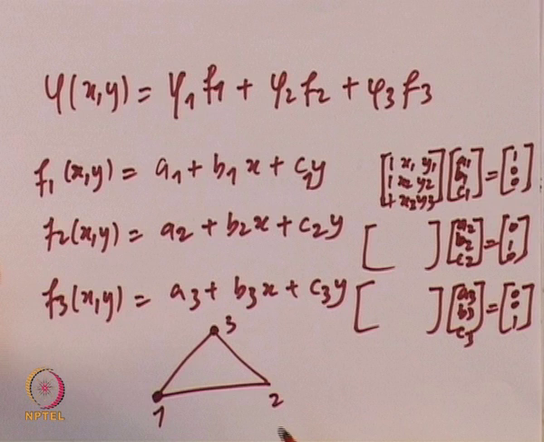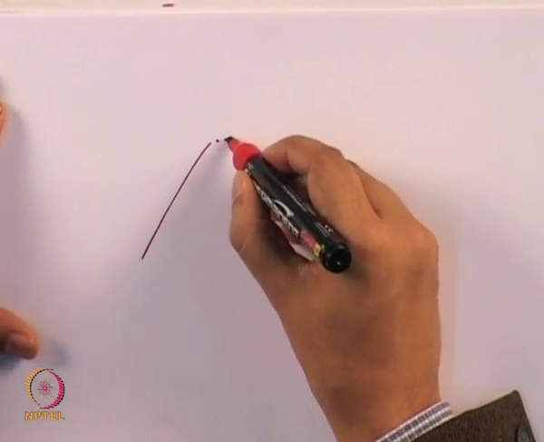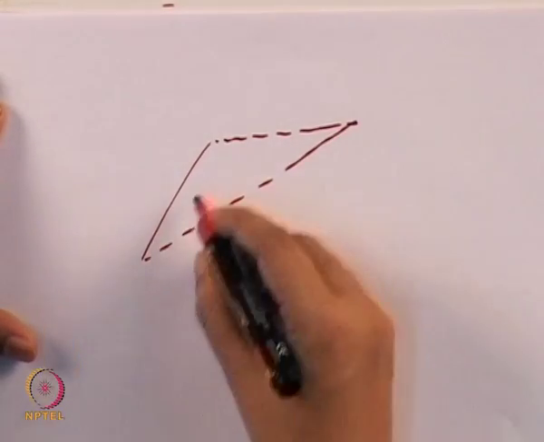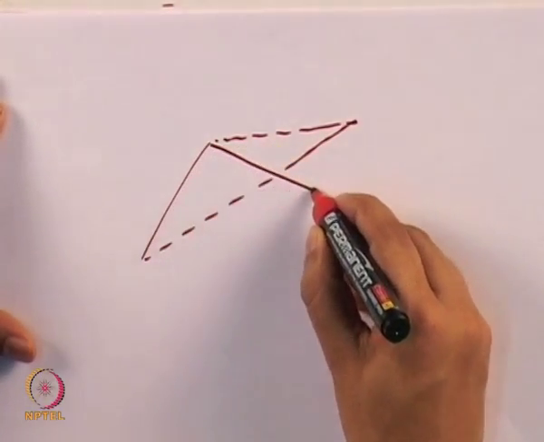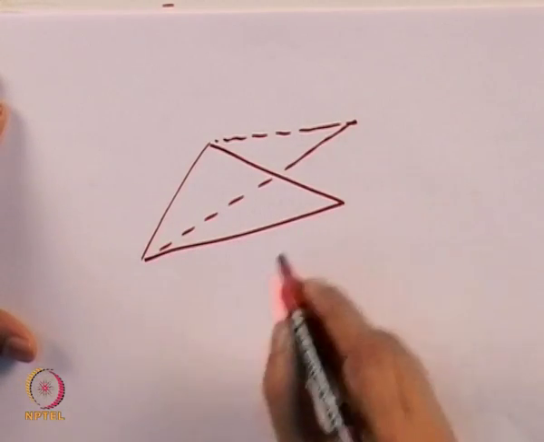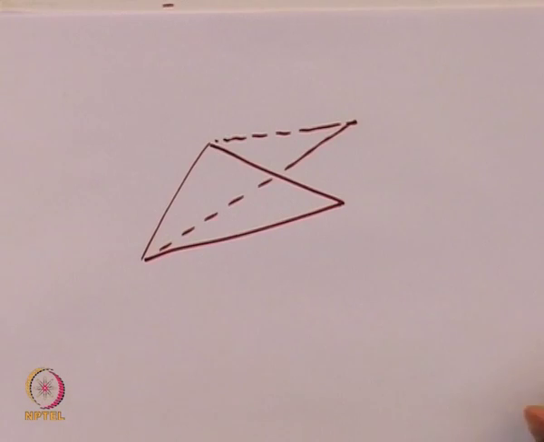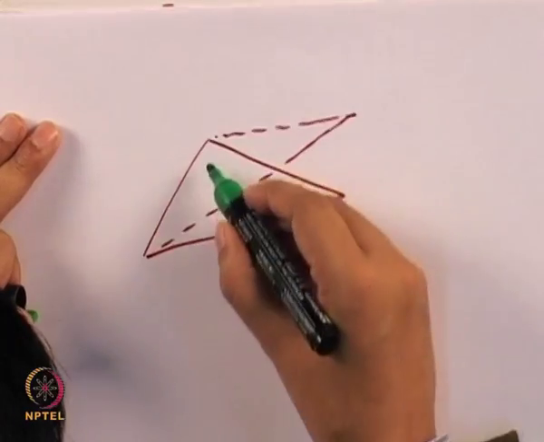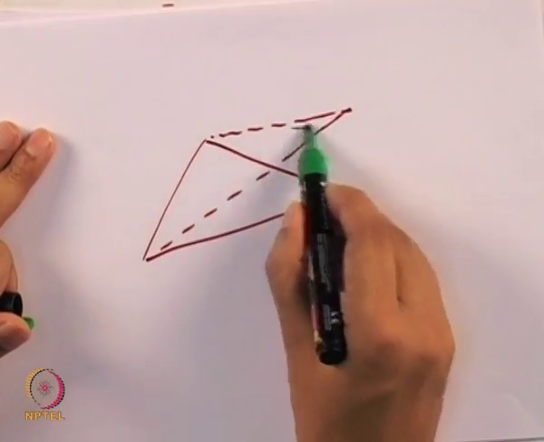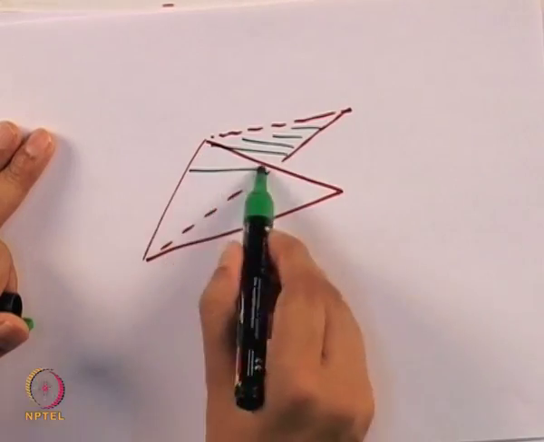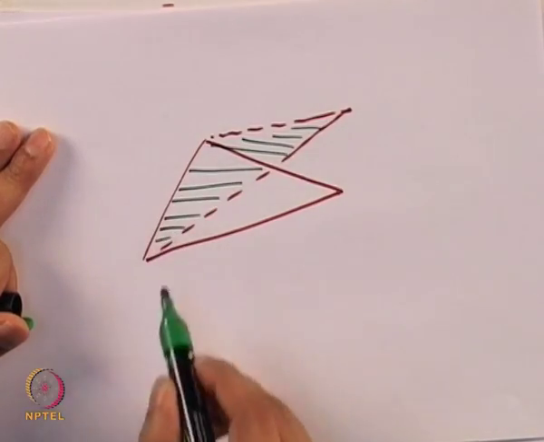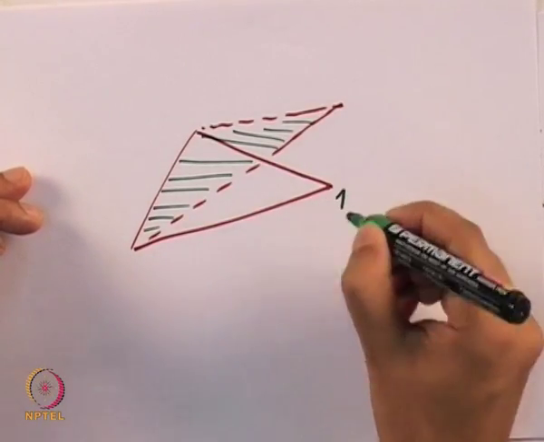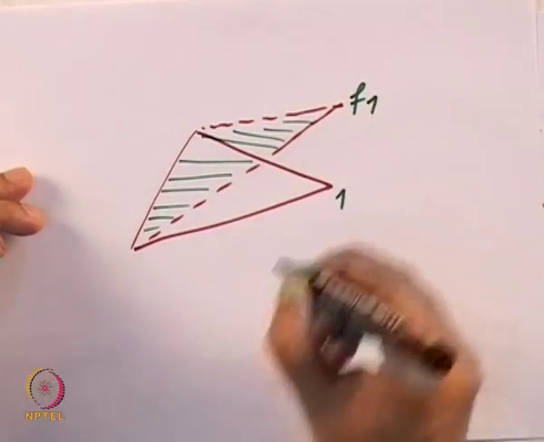So I am drawing the basis function in green stripes. Let us say this is node 1 and this is basis function f1.